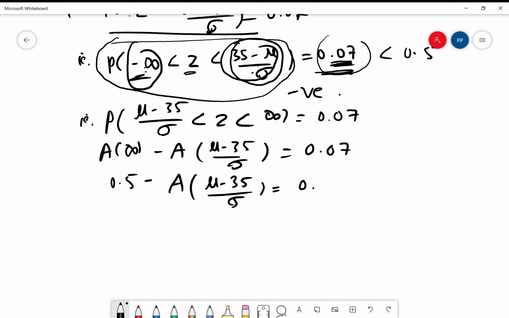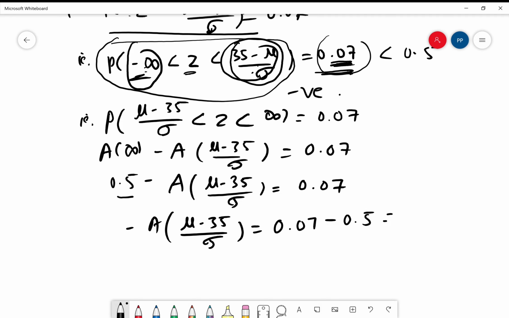This equals 0.07. Now, bringing this to the right hand side, minus A of (mu minus 35) by sigma equals 0.07 minus 0.5, which is minus 0.43. Minus minus cancels. Okay. Now, we have to look at the table and find A of Z, which is nearly equal to 0.43.